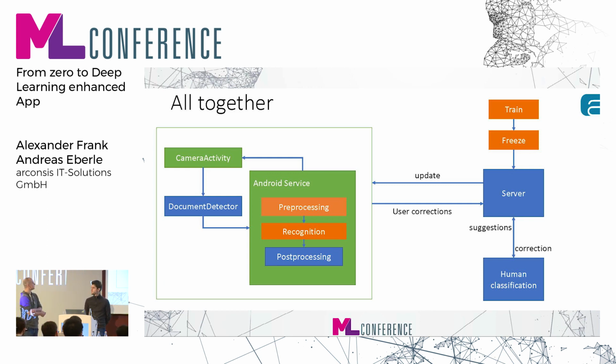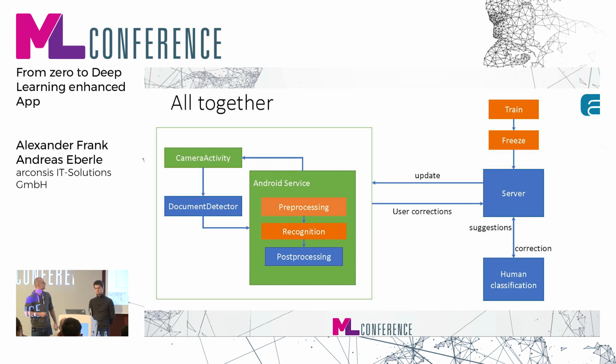On the client side of the app, when the data is displayed to the user, he can still make some corrections if he sees it was misclassified or misrecognized. When we notice he makes some changes, we upload the data that he used to our server, so that we can generate new training data.